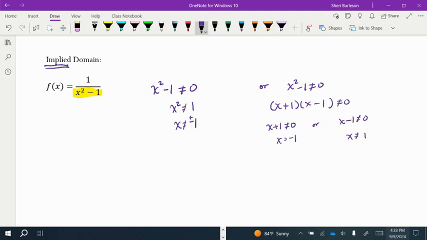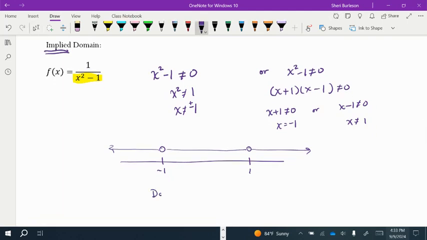So what I see for this function is that the domain is every value except plus or minus 1. So if we are to write this in interval notation, that means these two are excluded from the domain, and every other value on the number line, in our set of real numbers, is where the function is defined.